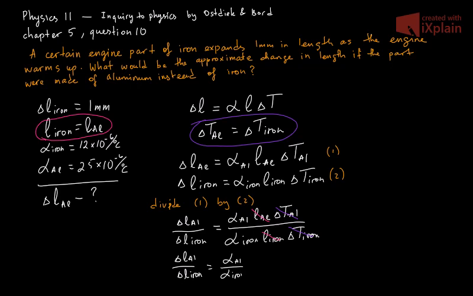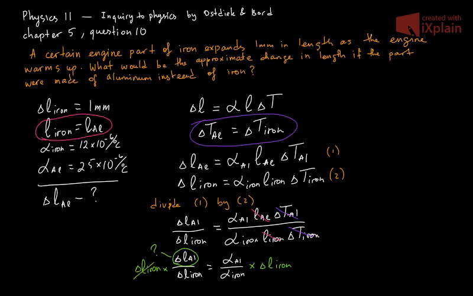Now remember, we are looking for the change in length of aluminum. So to do that, I'm going to multiply both sides by delta L of iron, so I can get rid of this delta L on the bottom.